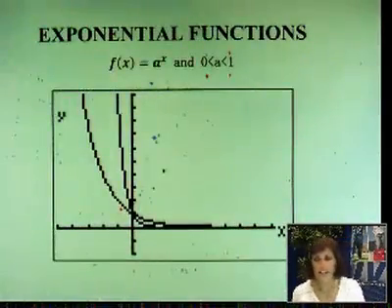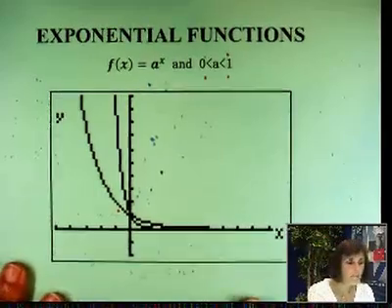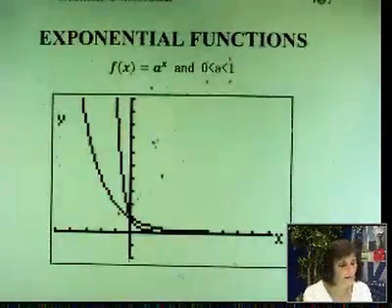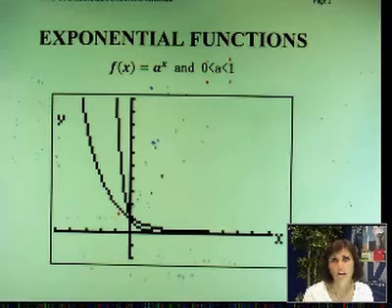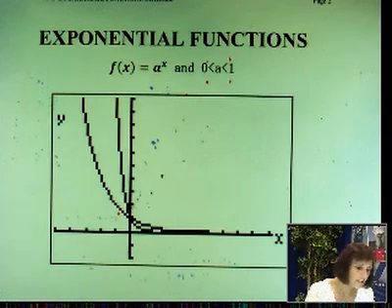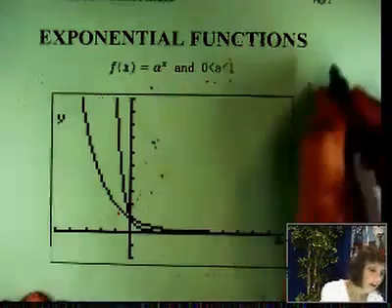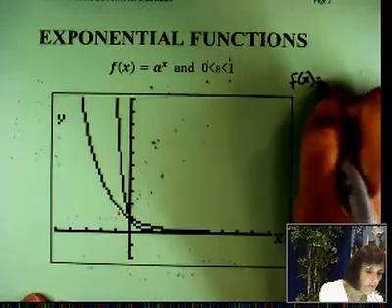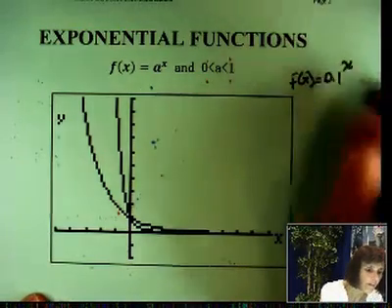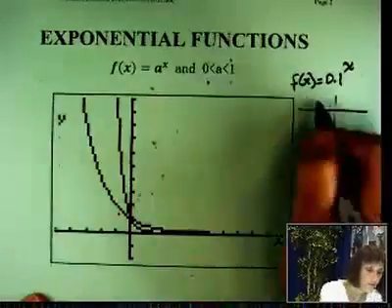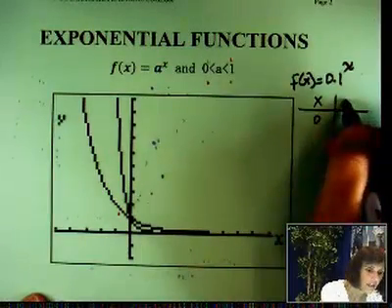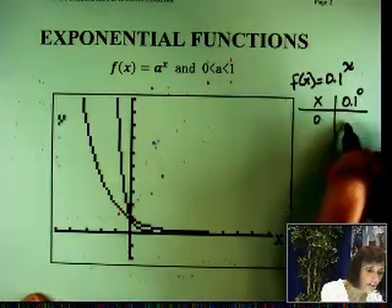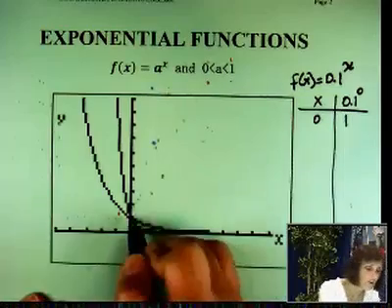Now let's look at an exponential function, but this time a is something smaller. Let's look at f of x equals 0.1 to the x power. 0.1 to the 0th power is going to be 1, no matter what.